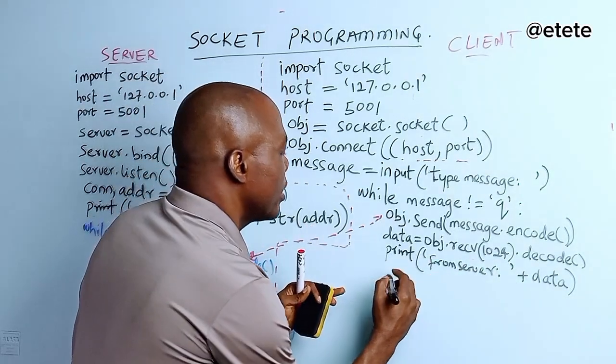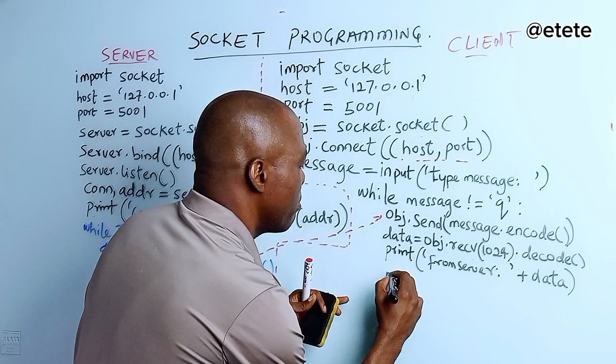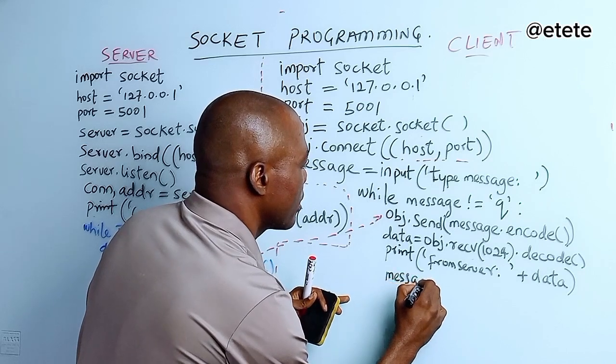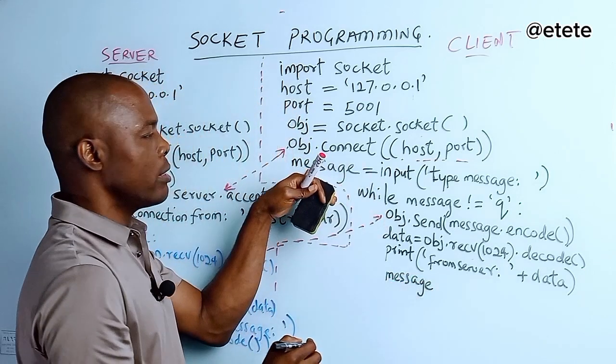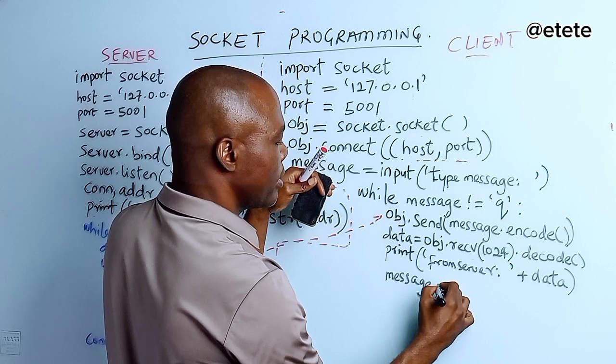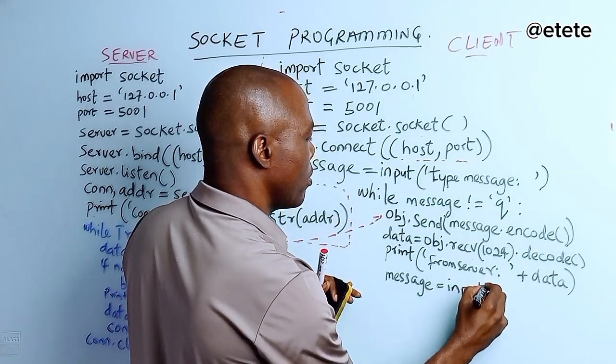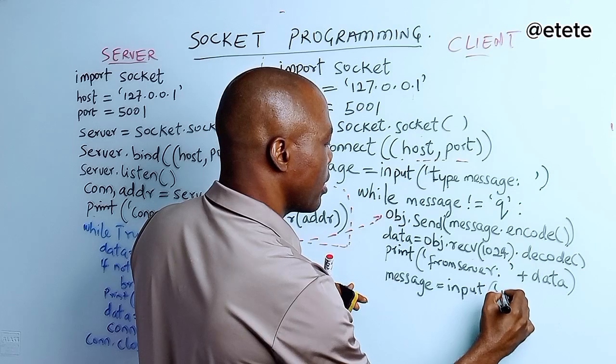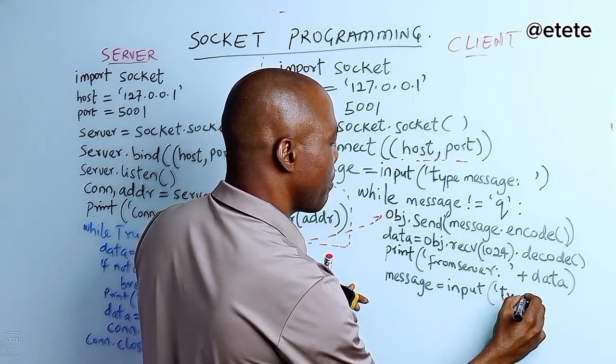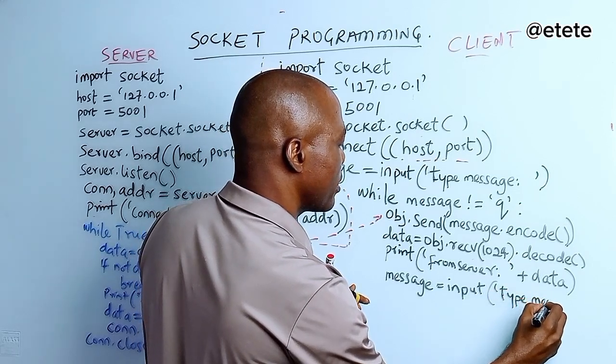Then after that, it will come back here again and it will say message, which is what? This message initially, right? It will ask you again. What I wrote here will come again. Type message.